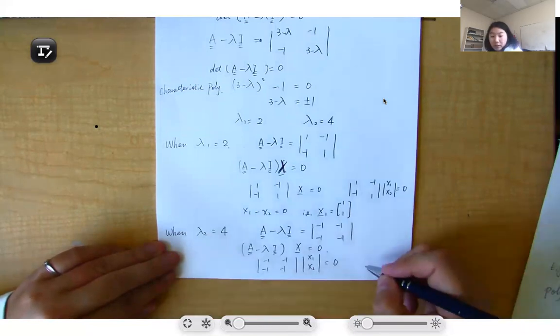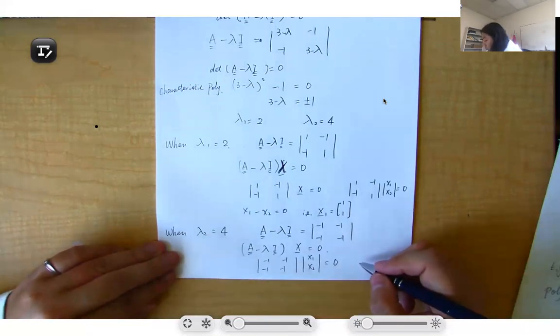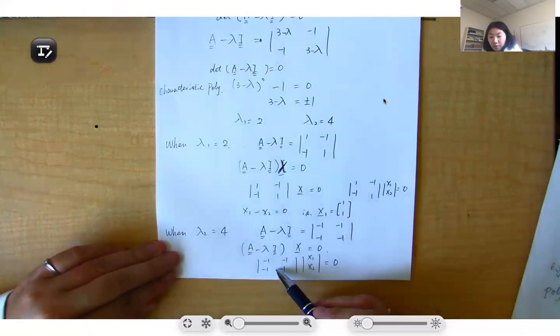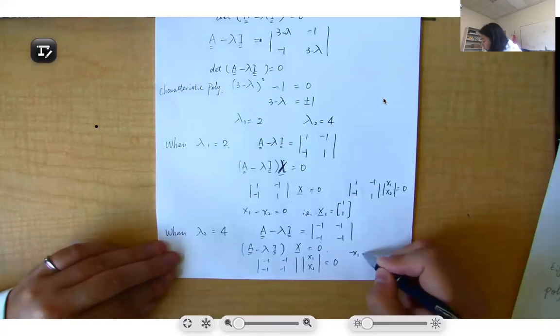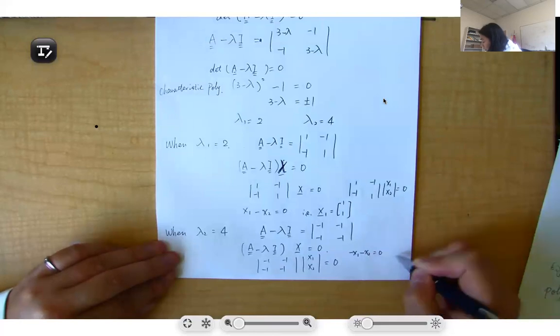You get the relationship of your x1 and x2. Since the rank of this is only 1, you only get one relationship, which is x1 plus x2 equals 0.